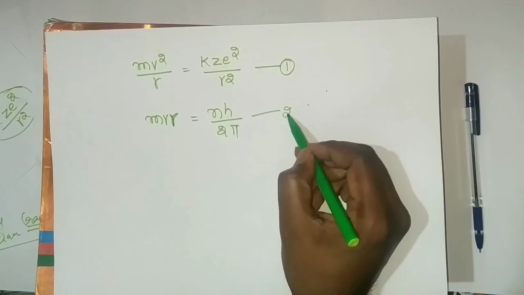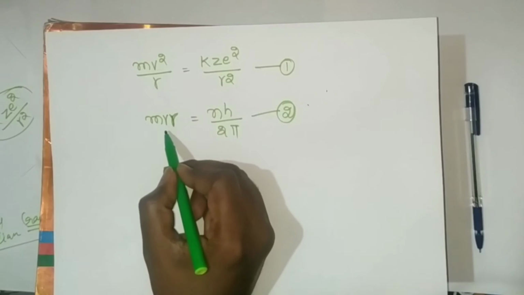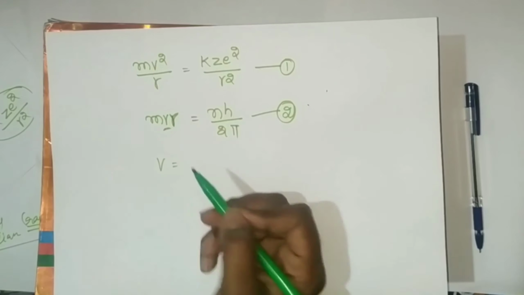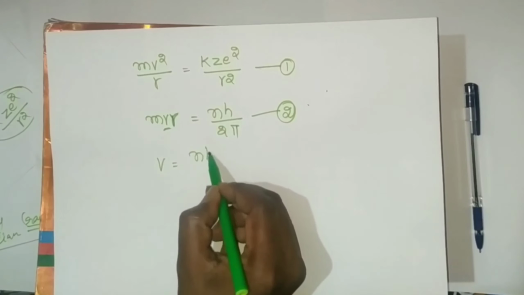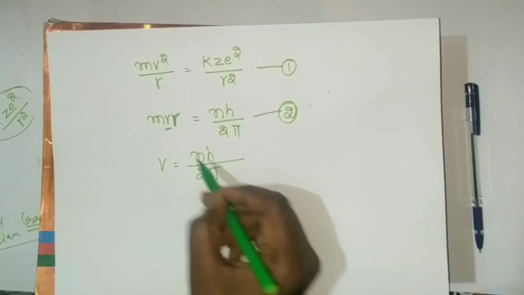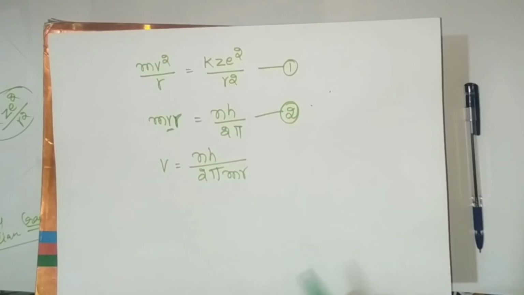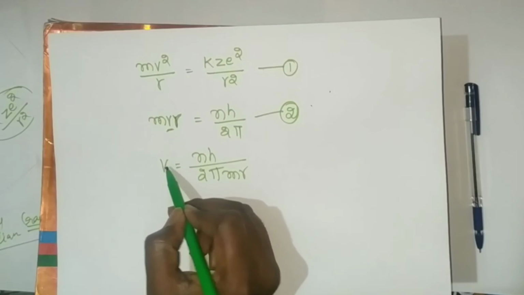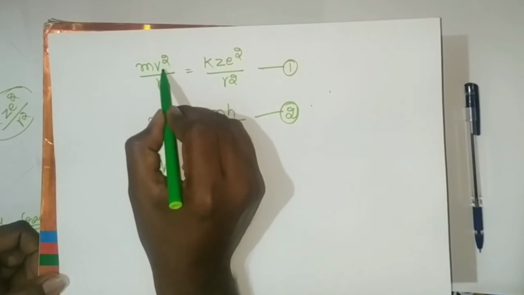This is equation number 2. Now you can write velocity v is equal to nh upon 2 pi mr. Now this velocity value, you can substitute here.